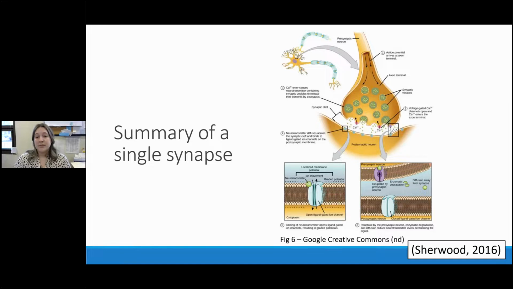The neurotransmitter then binds to a channel to allow for positive or negative ions to flow into the postsynaptic neuron. Positive ions lead to action potential being reached in the postsynaptic neuron and continues communication through the body. Negative ions lead to decrease in communication.